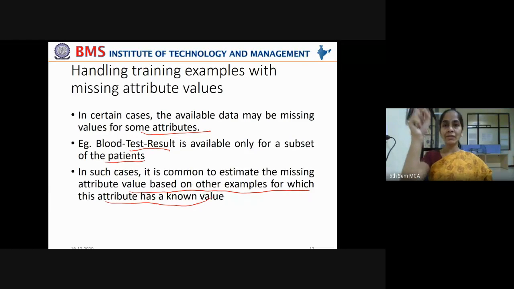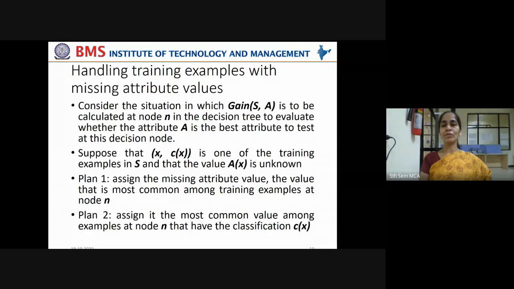Mode means the frequently repeated value. Most of the patients' blood test result is this much, so put that for this missing value also. There are different kinds of such approaches to fill in those missing attribute values. But let us take it more formally.